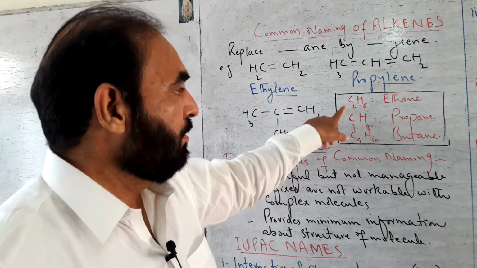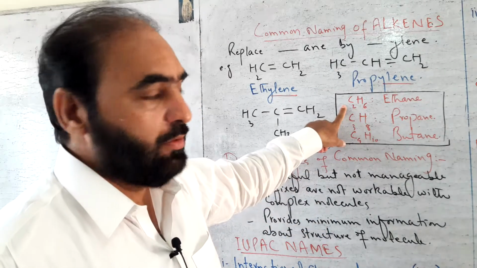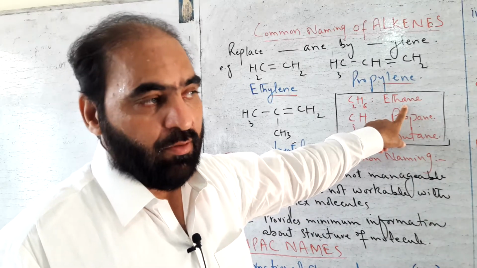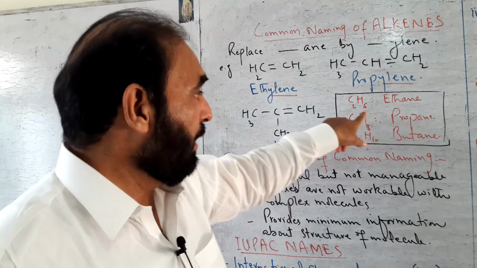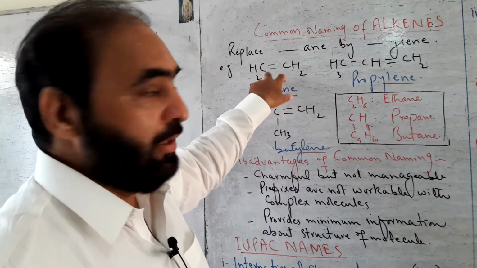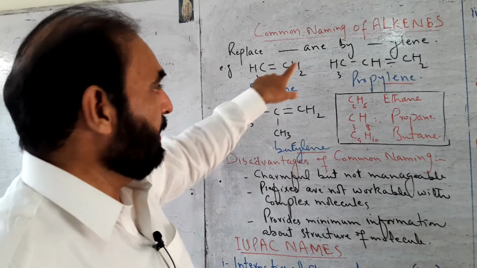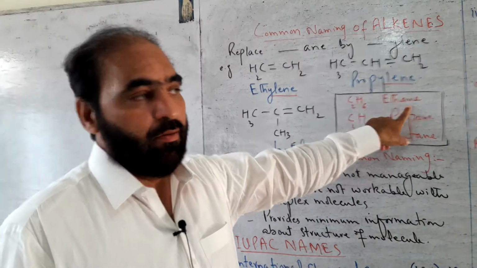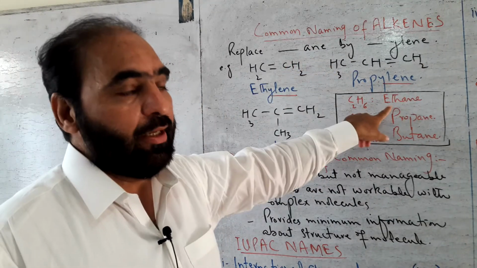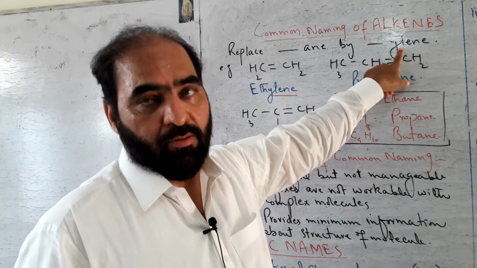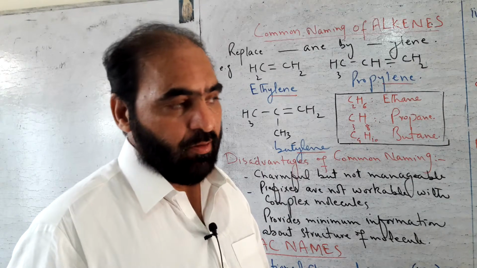For example, with two carbon atoms, alkane name is ethane. When there are two carbon atoms in alkene molecule with double bond, we have to replace ending ane of corresponding alkane by ylene, Y-L-E-N.